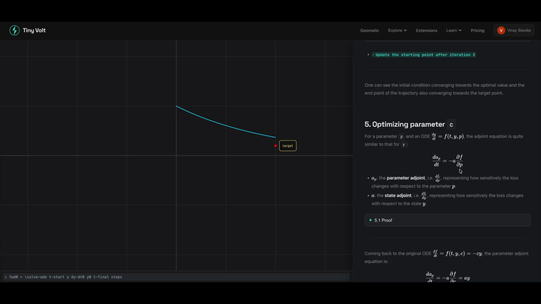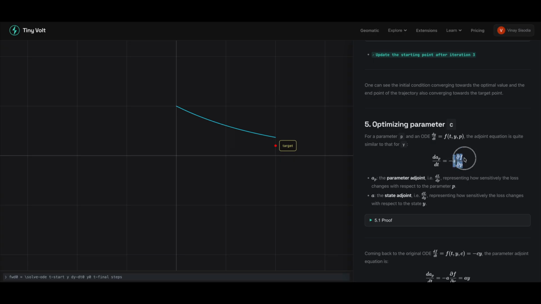And this makes sense because if you look at the shapes of these Jacobians, the shape of A is going to be something like 1 times the dimension of y, and del f by del p is going to be something like the dimension of y times the dimension of parameter p.